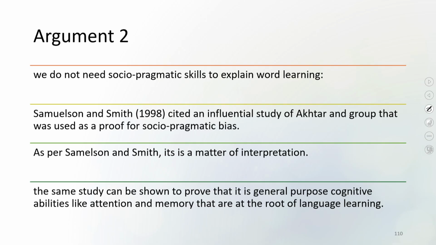But as per Samuelson and Smith, the same study can be interpreted very differently. It need not be interpreted in terms of sociopragmatic cues, but in terms of a general purpose cognitive mechanism. So, let us see what the experiment was.